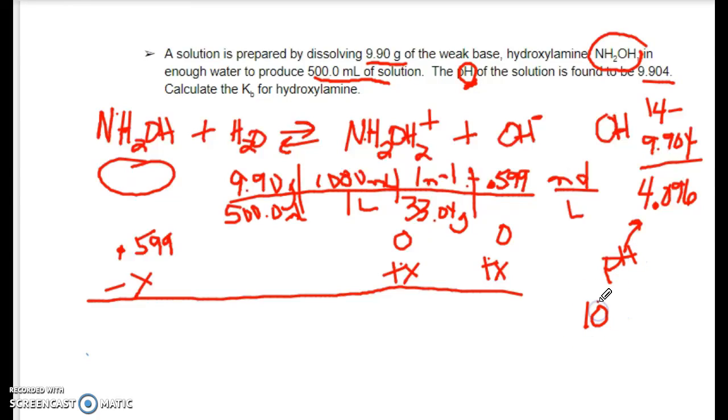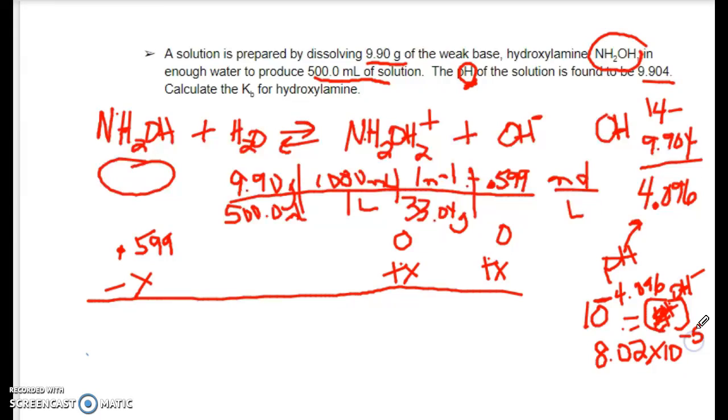So again, I'm taking the inverse log, 10 to the minus 4.096. And that's going to give me my OH concentration of 8.02 times 10 to the minus fifth.